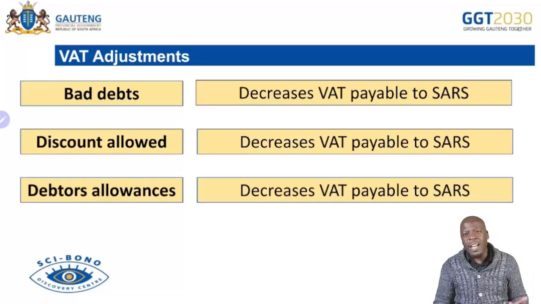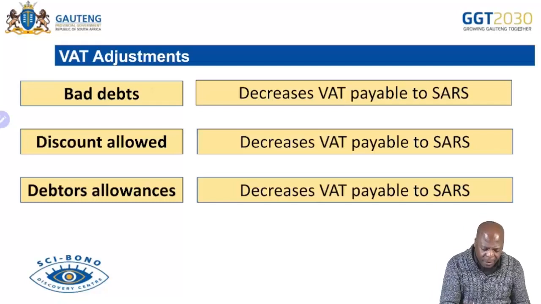When we purchase goods, it is input VAT, and we can claim it from SARS. But when we sell goods, then output VAT arises, and that is payable over to SARS.